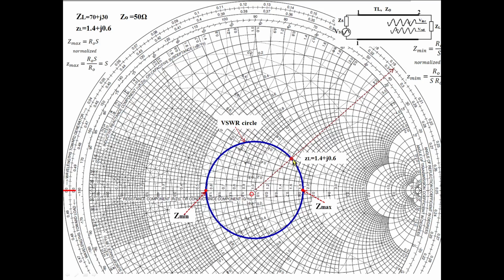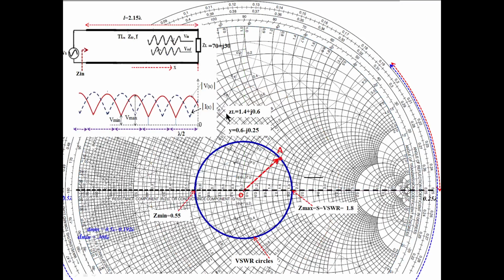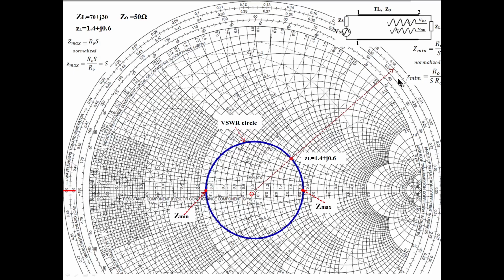If you rotate 4 times, you complete 2 lambda, and we will be here, but 0.15 lambda is left. So you go 15 divisions further, because each division is 0.01 lambda. From here to here is 0.01.